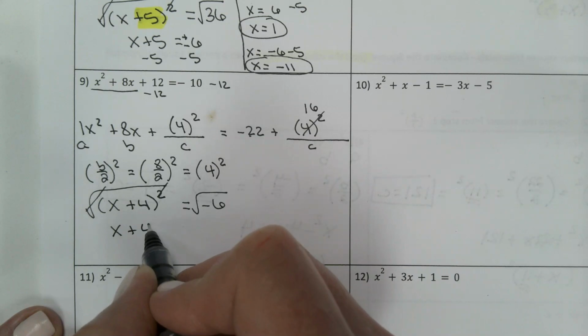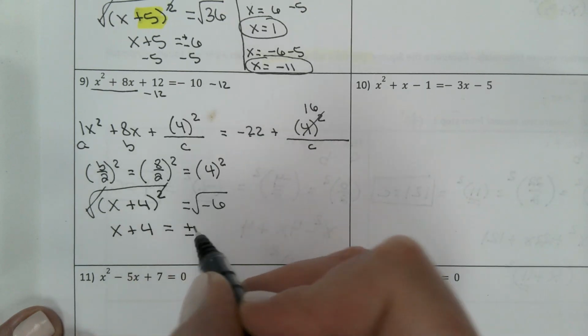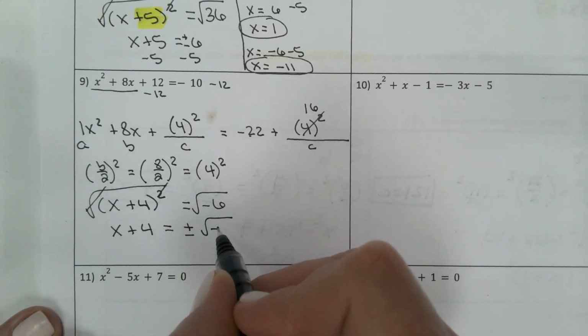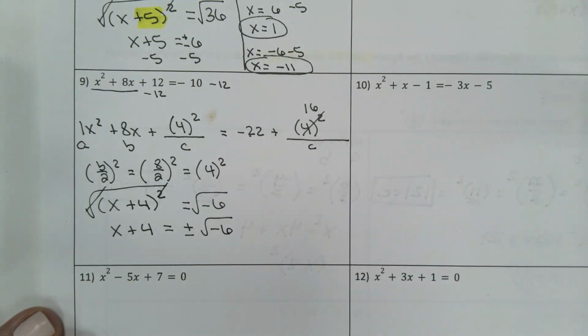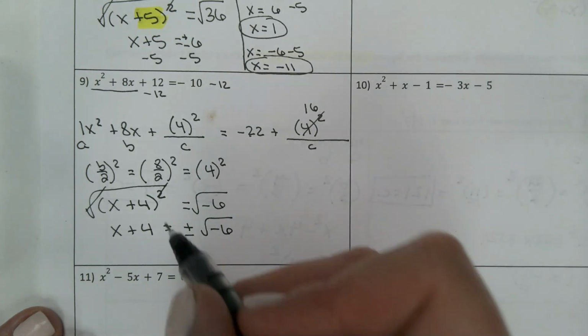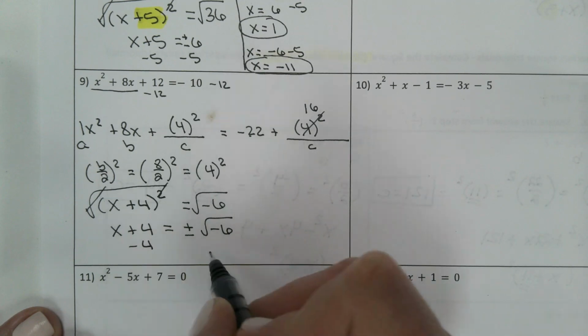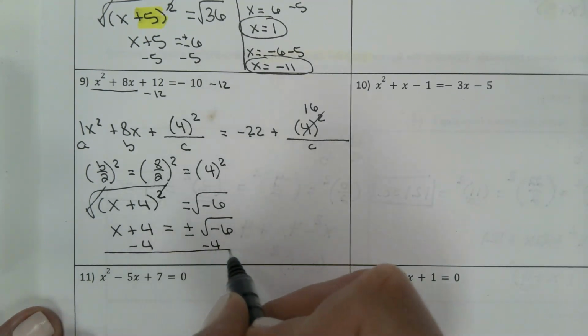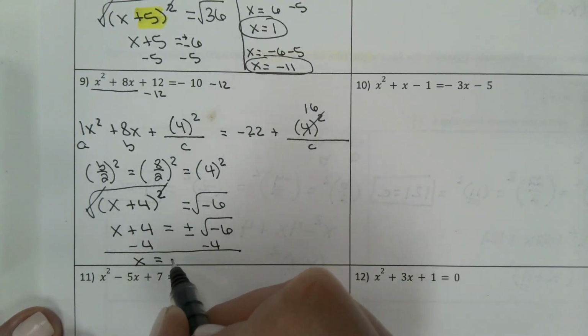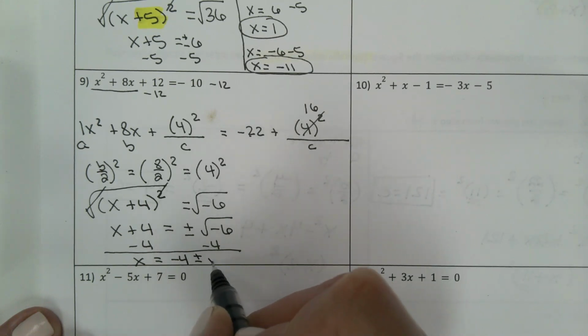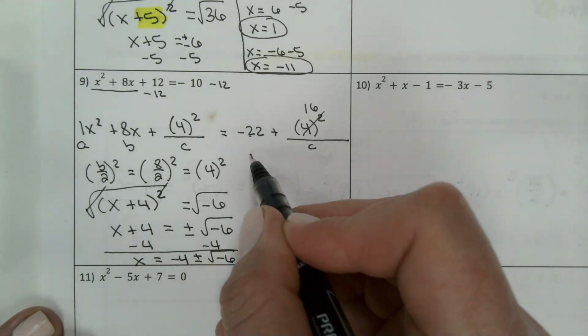So I have x plus 4 equals plus or minus the square root of negative 6. I subtract the 4 over, and x equals negative 4 plus or minus the square root of negative 6.